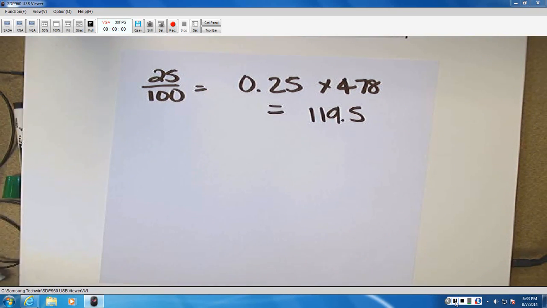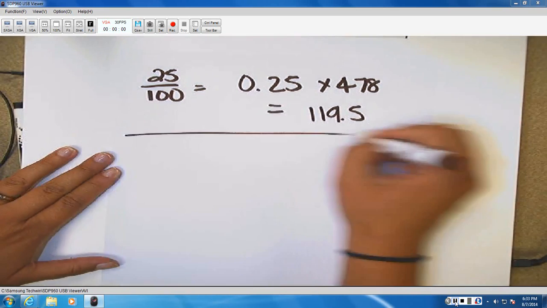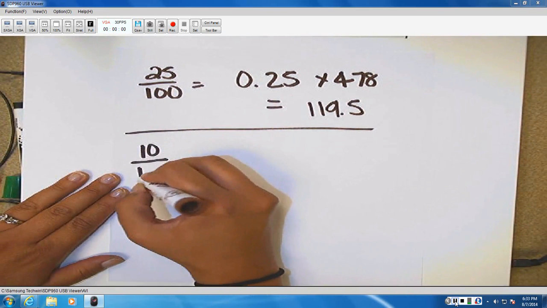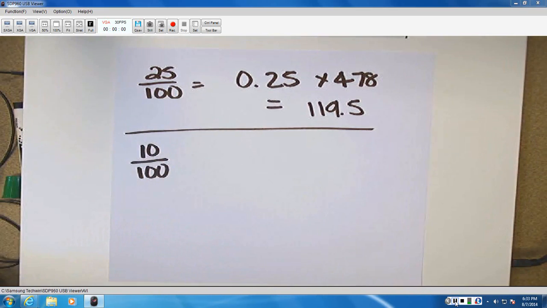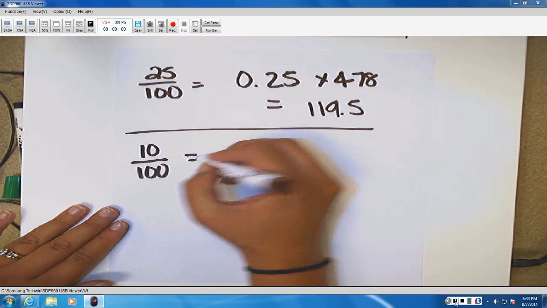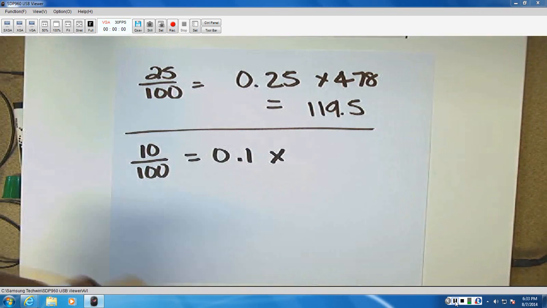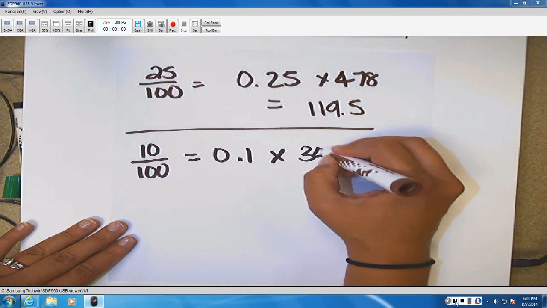Let's do the next one. The next one wants to know, what number is 10% of 34? So take your 10% and divide it by 100. 10 divided by 100 is 0.1. And then I'm going to multiply that by 34.